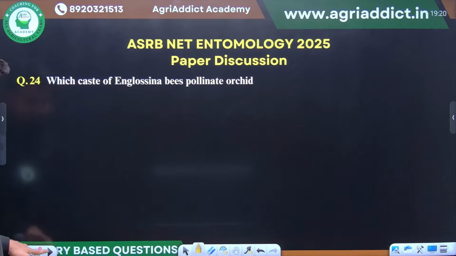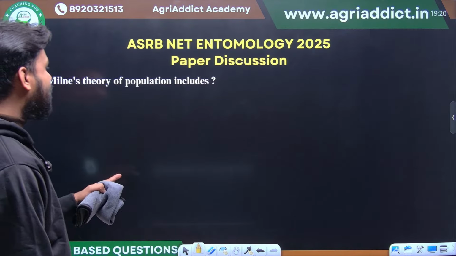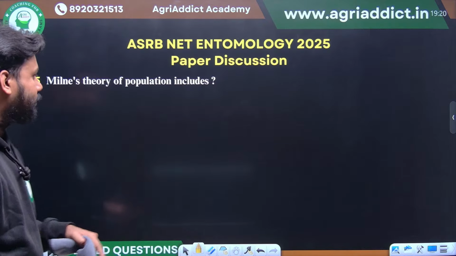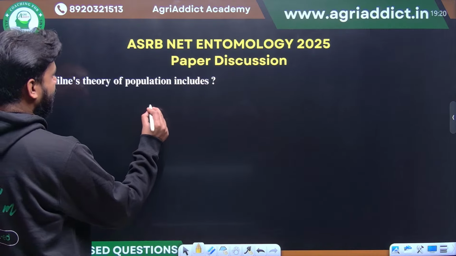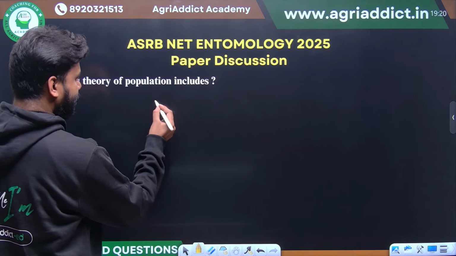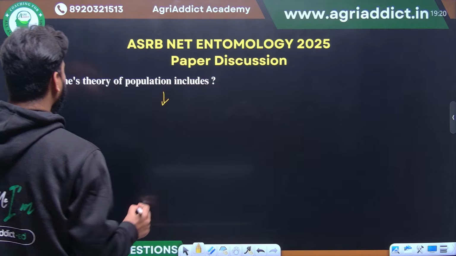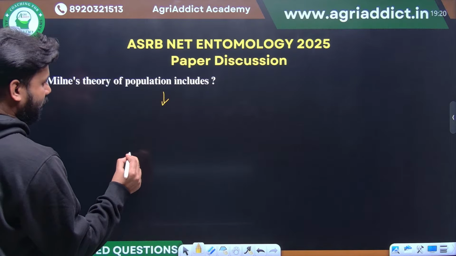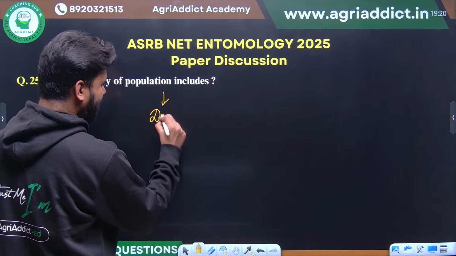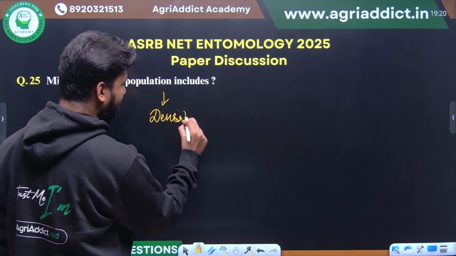Now coming to the next question. Milne's theory of population includes. In this population theory, Milne told about three factors. First is density independent factor.